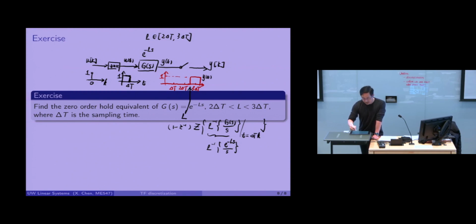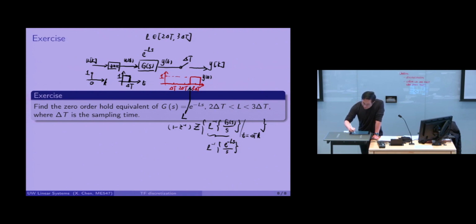And then you sample it every delta t. What's the output y[k]? You sample this continuous time signal every delta t. So I sample here, I got 0. I sample here, I got 0. I sample here, I got 1. And then in all the future, when I sample, I get 0, right?